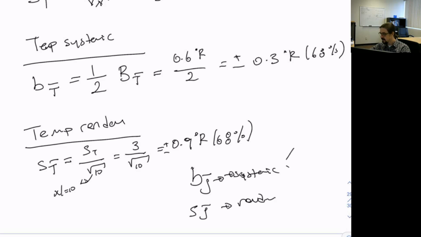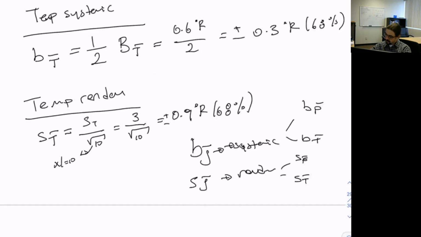These are coming from B P bar and B T bar, and from S P bar and S T bar. Therefore, we have to use the error propagation that we did in the last class. Rho is a function of pressure and temperature readings.